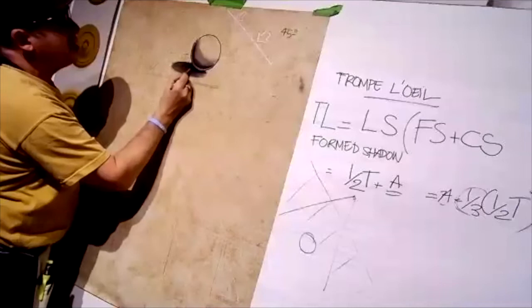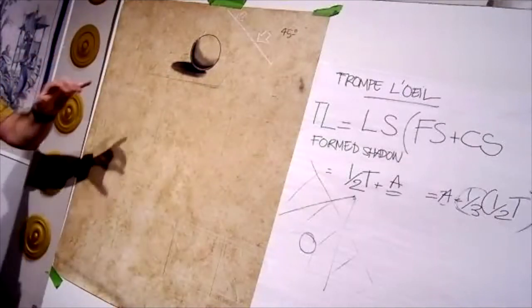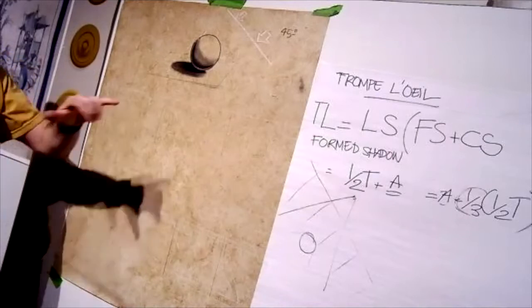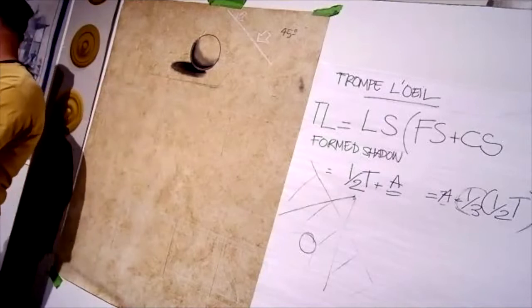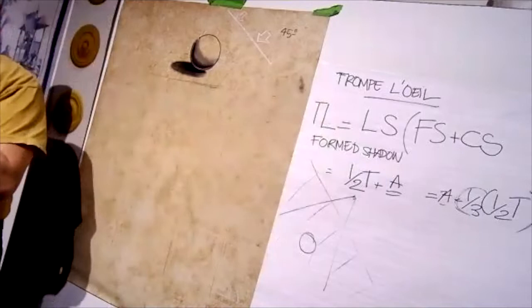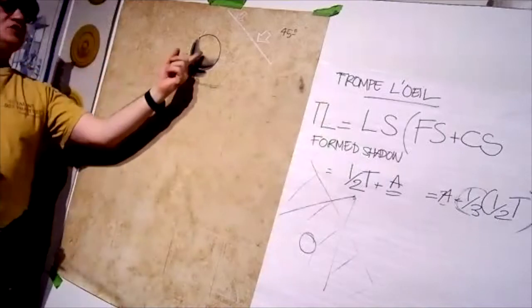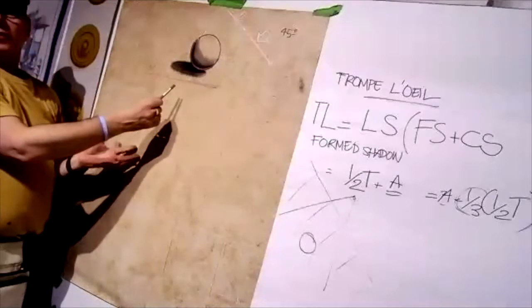Now, another trick painters use is, generally speaking, to have your cast shadow be stronger than your form shadow. It's not always the reality, but it's a way to make this. What's the important thing we're trying to communicate? The ball here or the shadow? The ball.